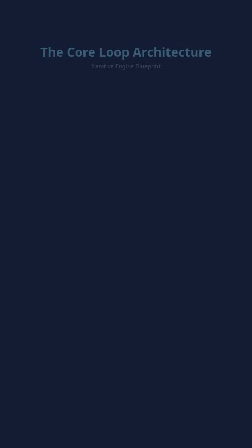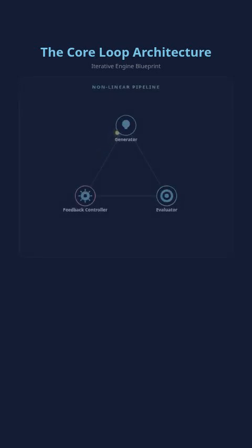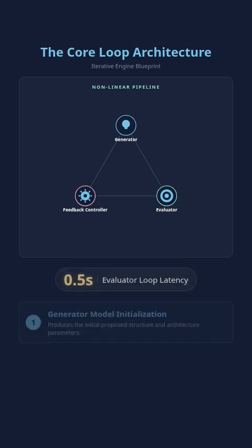To understand loop engineering, we have to look at the three-part engine that drives it: the generator, the evaluator, and the feedback controller. Instead of a linear pipeline, these three entities form a closed-loop system. First, the generator model produces an initial output candidate.